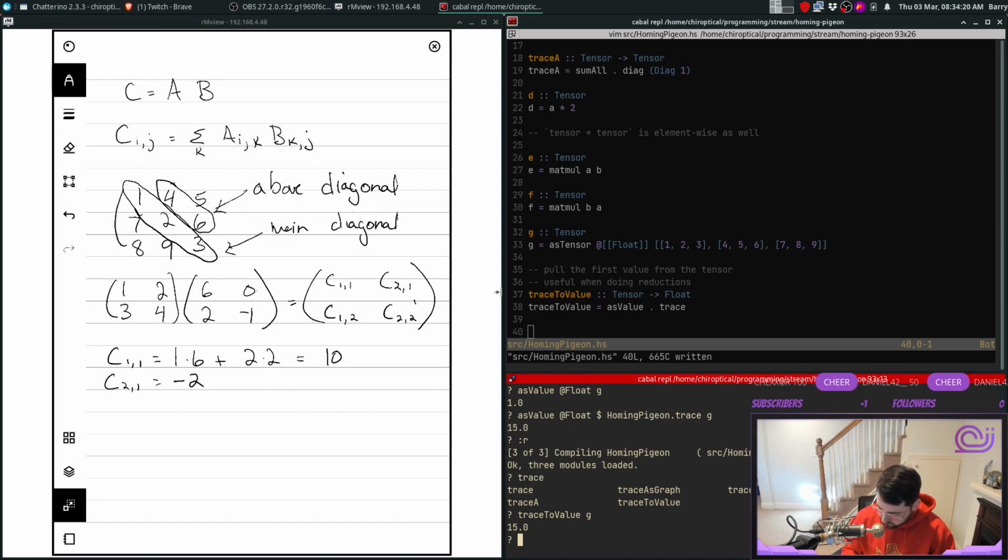I'll try and go quick. And then C1,2 is going to be this bottom row multiplied by the first column. I'm just going to take the number because I'm feeling particularly lazy. And then C2,2 will be bottom row, right column, which is just -4 apparently. So that's how you do matrix math.